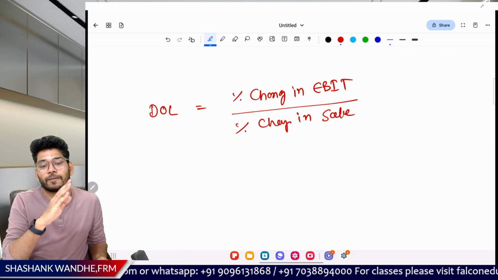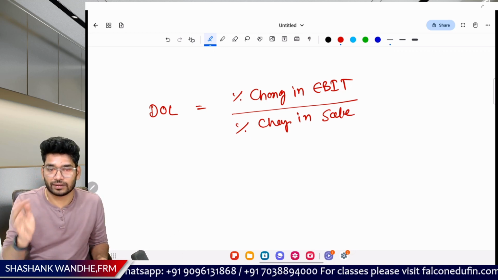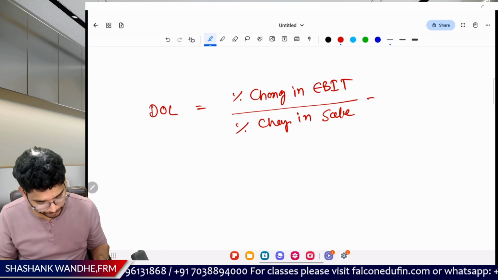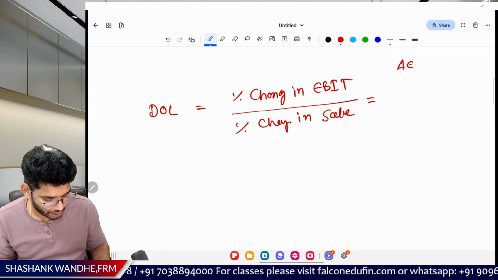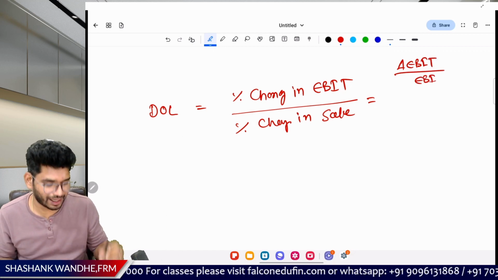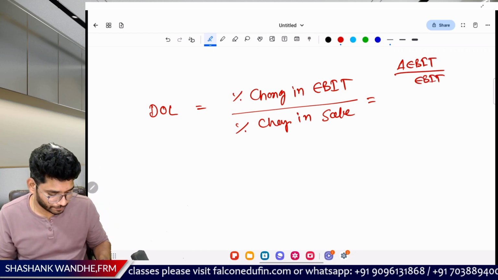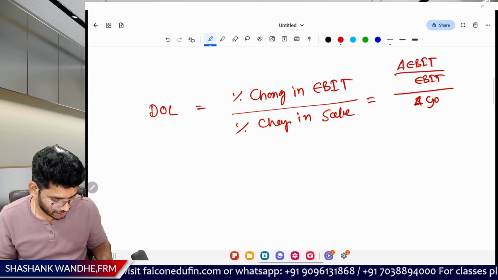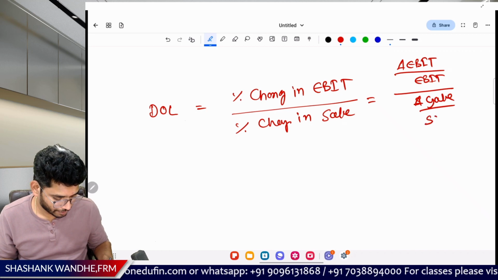This simply means the change in sale will impact the change in EBIT. And the formula is change in EBIT divided by EBIT. So this is kind of an elasticity formula in economics. And then change in sale divided by sale.